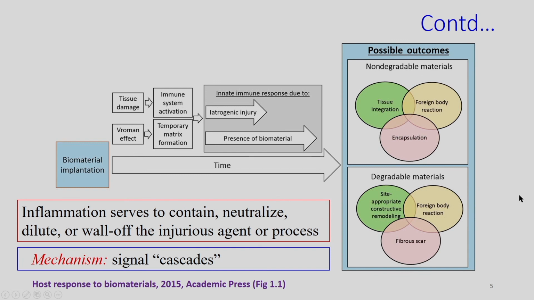So, now we can have two types of biomaterials, one is degradable, the other is non-degradable. When we implant a biomaterial, it has to go through a surgery route, so it causes tissue damage, and when there is tissue damage, it activates the immune system, and also, as I told, there will be the Vroman effect because of the diffusivity of different body components.